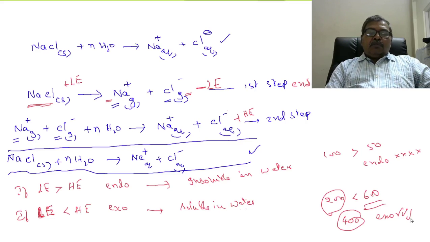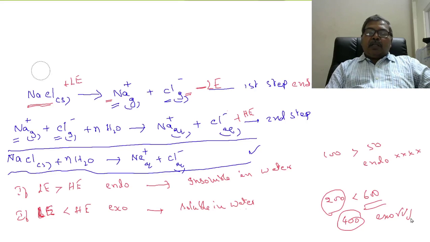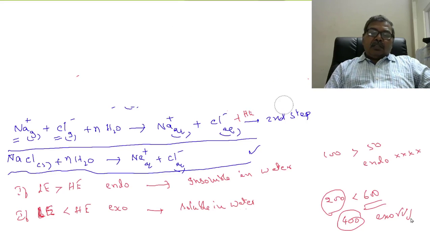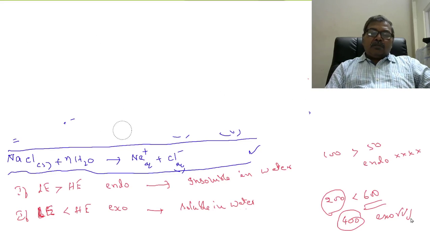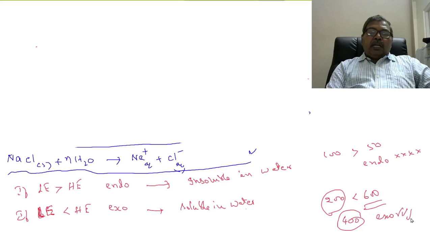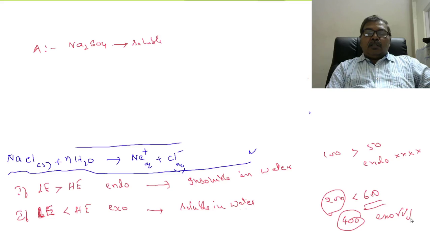Suppose more than 3 times the same question is repeated in the main examination and other competitive examinations also. Assertion, they give one statement like this: Na2SO4 is readily soluble in water, whereas barium sulfate is insoluble in water.